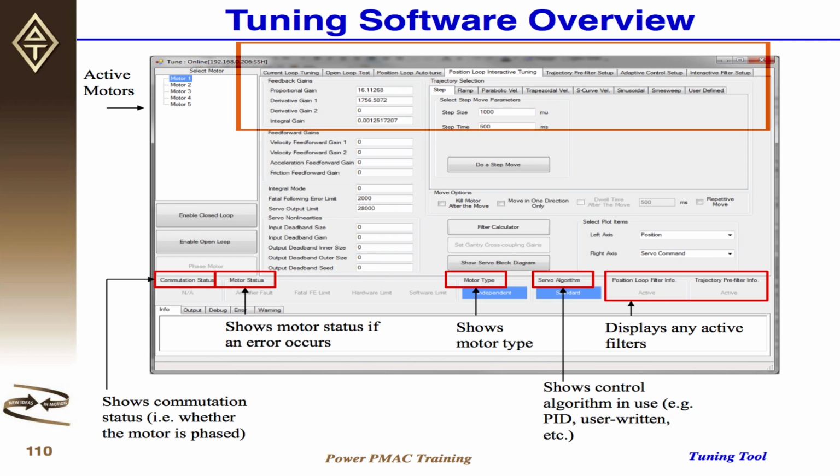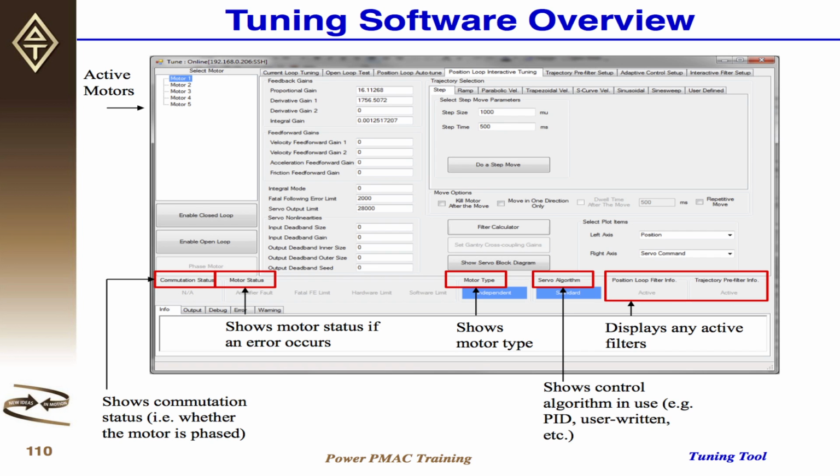And later on, I'll talk about what a trajectory prefilter does for you, as well as adaptive control setup and interactive filter setup. There's one more thing which is going to be in the next release, which is iterative learning control for cam and compensation tables. But that's something else. That's the last step.